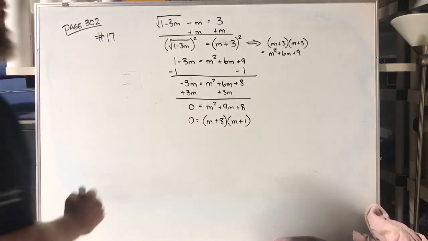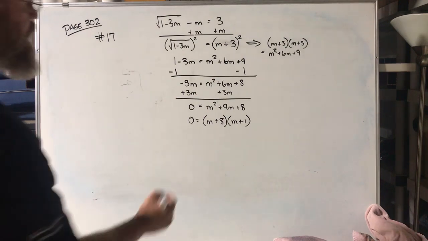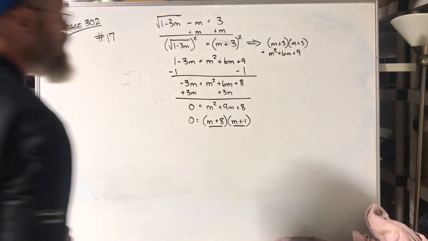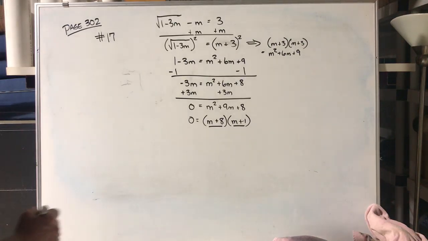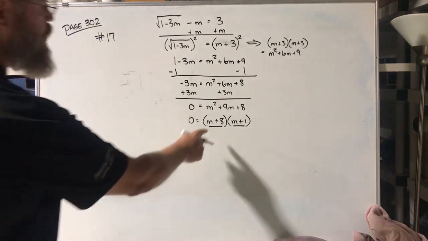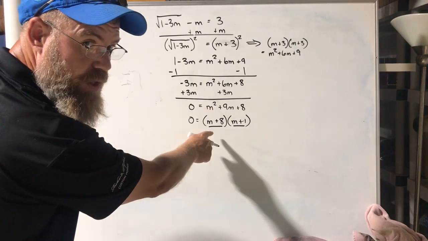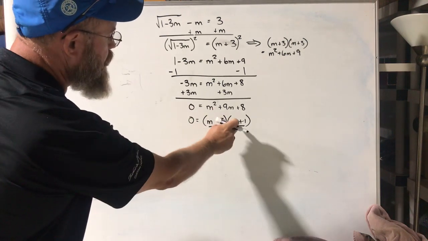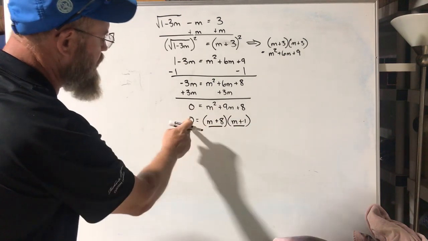All right? So we need to solve each one of these binomials to see what m would equal to make this equal 0. So if this binomial equals 0, m plus 8, if that equals 0, then 0 times m plus 1 is going to equal 0.